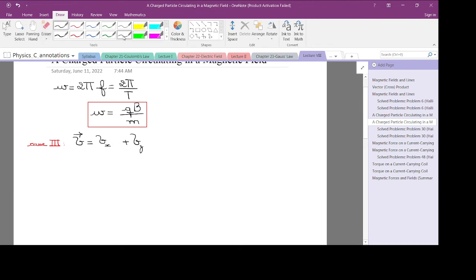This is in the i hat and k hat direction, and we have here my vector B from my simulation, which is in the k hat direction.